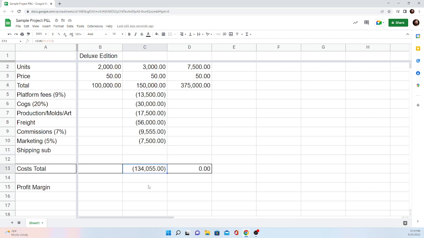We're already at 134, so there's not much money left. Let's just say that you can afford $5. I can subsidize whatever the shipping cost is going to be. So you get your quotes. Hey, it's going to be $17 to ship this game to most places in the U.S. I can subsidize that by $5, so you can offer it for $12. I truly believe you have to offer some shipping subsidy to make your shipping prices look more attractive.